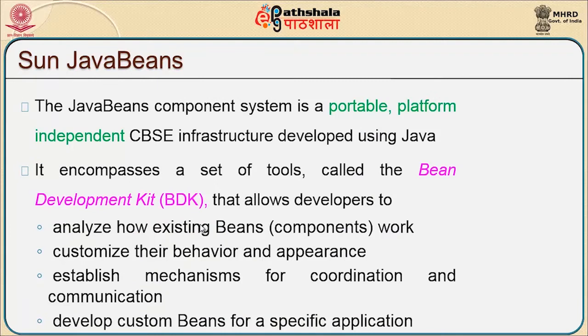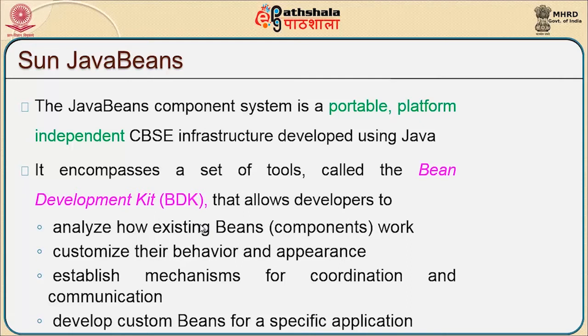Not only that, this is part of Corba's platform, and if you look at Sun Java, in JavaBeans we have component systems, which are portable, platform independent, component based software engineering infrastructure developed using Java.